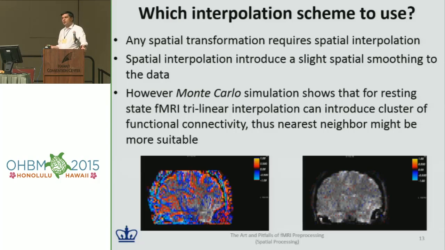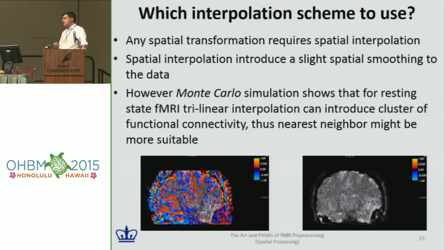I induced motion by applying motion parameters to the data and shifting the brain up and down. Then I did motion correction, using nearest neighbor interpolation and linear or trilinear interpolation. And that's how you see how much correlation is induced by trilinear interpolation.